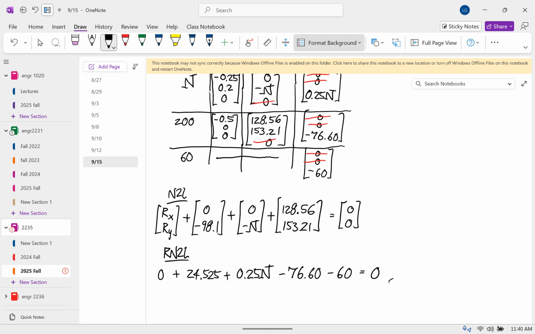And this is 3 equations for 3 variables. And so this is solvable.